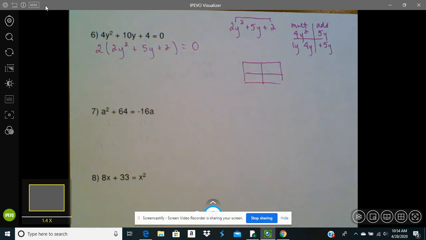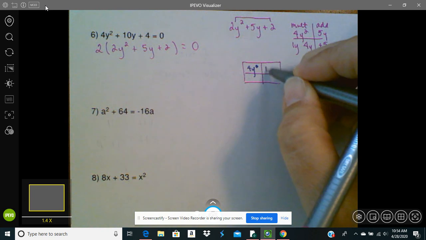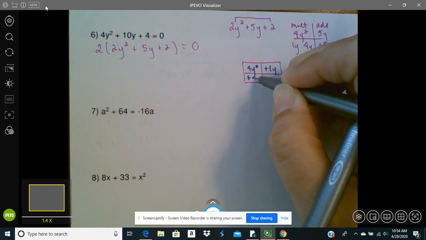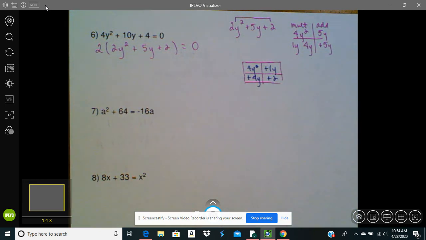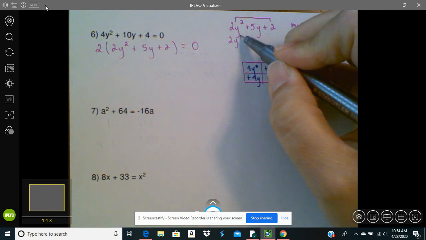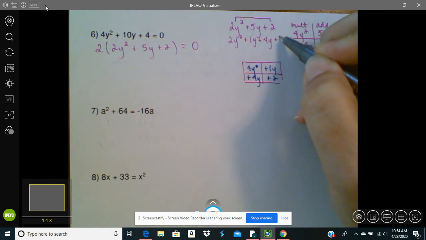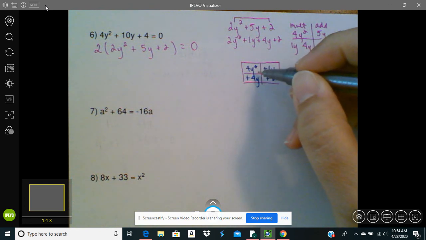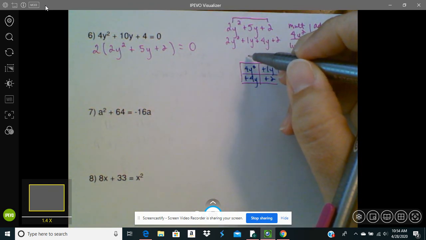Okay, so we've got 4y squared plus 1y plus 4y plus 2. Okay, so that's how we broke this up. This was 2y squared plus 1y plus 4y plus 2.